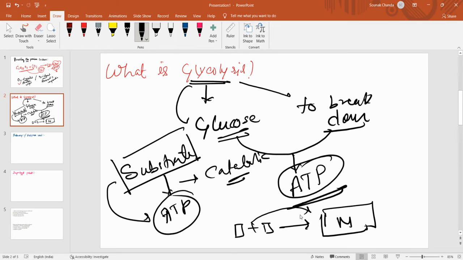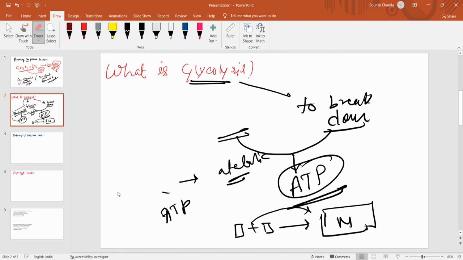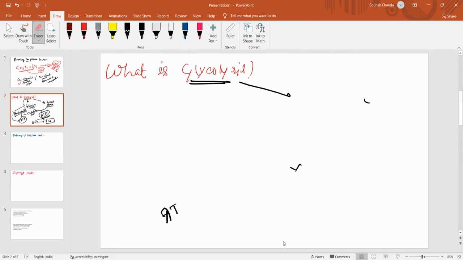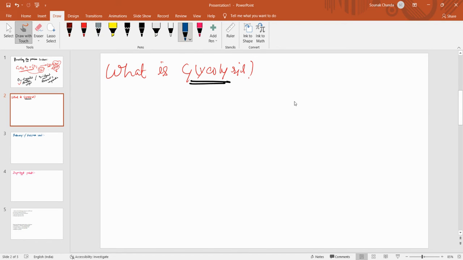Glycolysis is a catabolic reaction because we are breaking down the glucose molecule to obtain the molecule of our interest, ATP, adenosine triphosphate, the main energy source for every living cell. This is our basic definition of glycolysis.